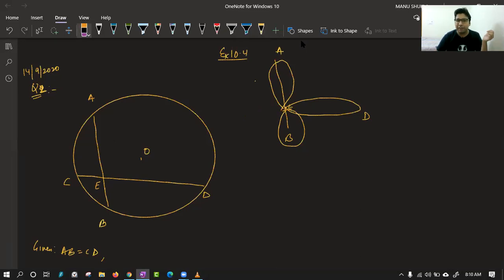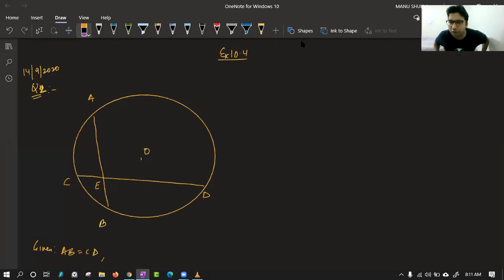Class, can you tell me the theorem which was based on equal chords? Can you tell me the theorem that we have learned based on equal chords which can help us here? Yes, Utkarsh, very good.